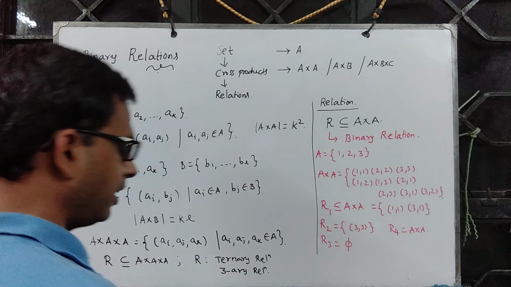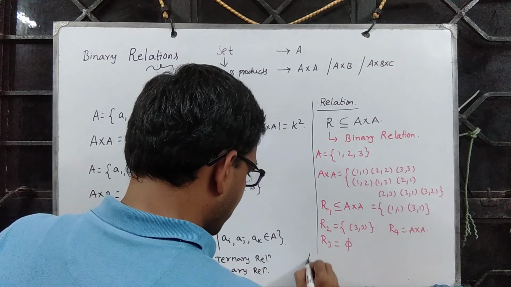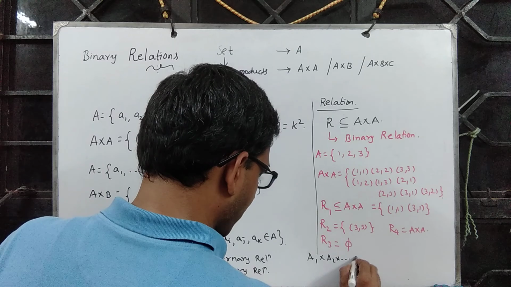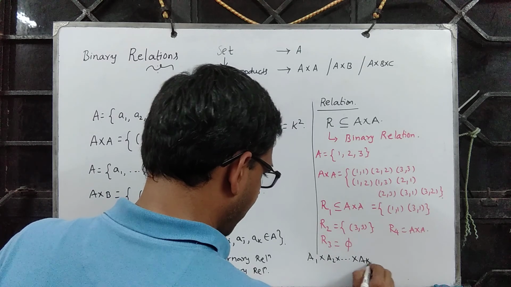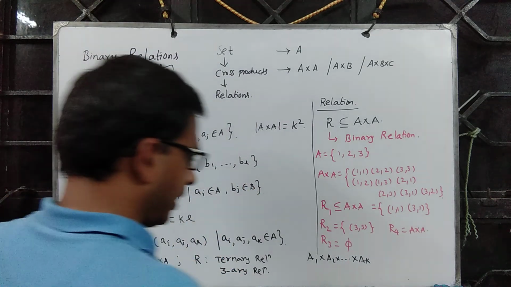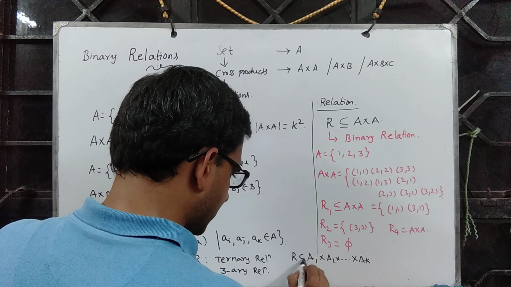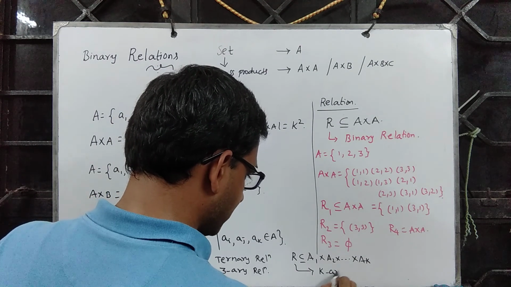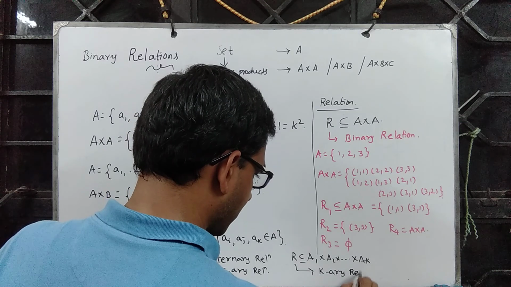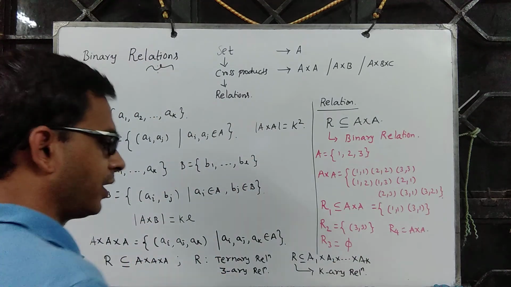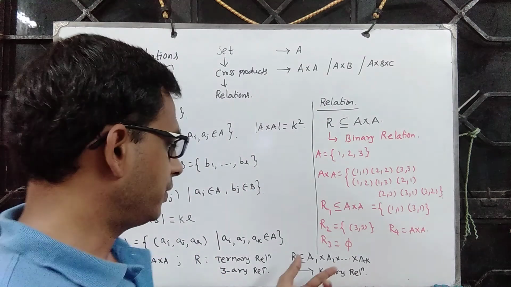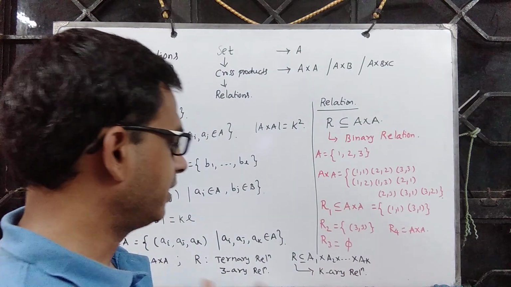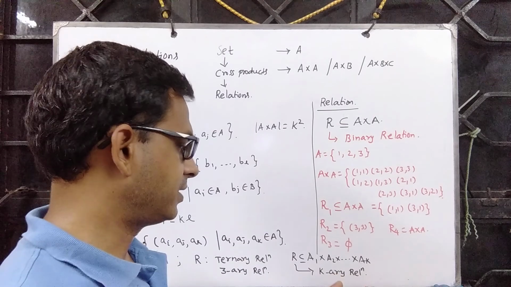So in general, we talk about A1 cross A2, so on up to AK, and if R is a subset of that, then R is known as a k-ary relation. If it is 2, then it is binary, and if it is 3, it is ternary. If it is k, it is k-ary.